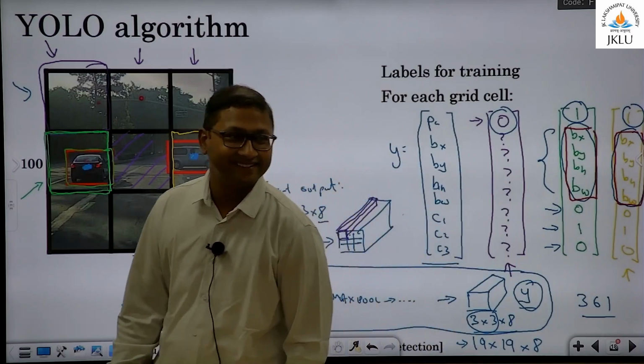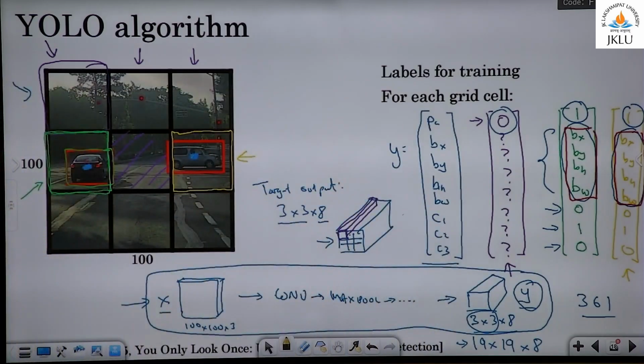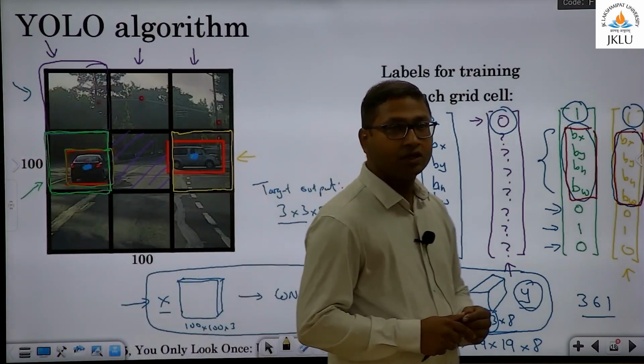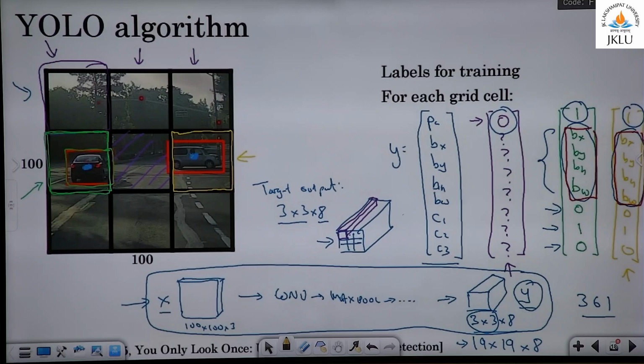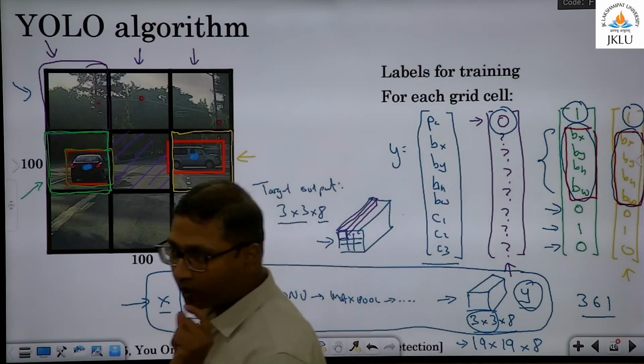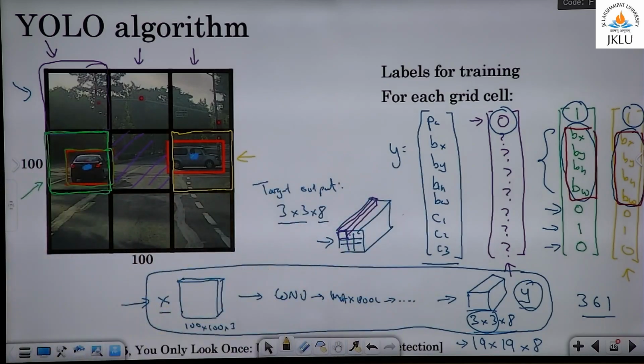Anything else? First of all, what is this 3 cross 3 cross 8? These are the dimensions of what? In classification, how did your targets look?